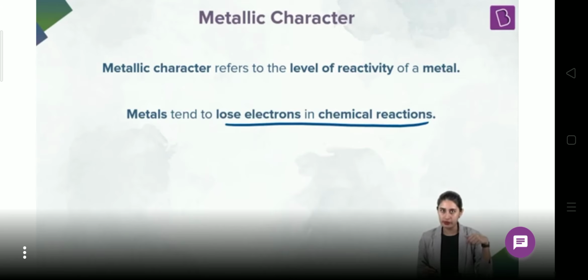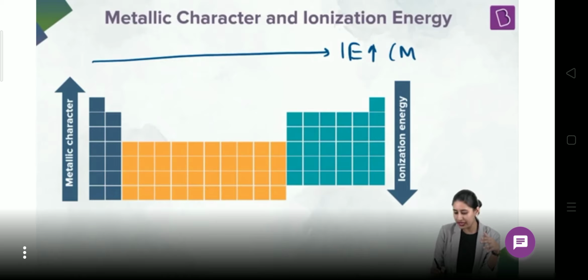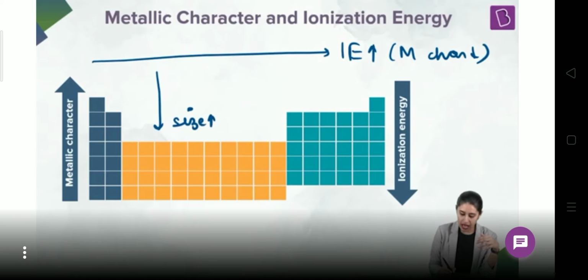If some element is able to give an electron easily, its ionization energy is lower. Hence, as we move along the period, ionization energy increases, so metallic character decreases. But as we move down the group, size increases, ionization energy decreases, and metallic character increases.